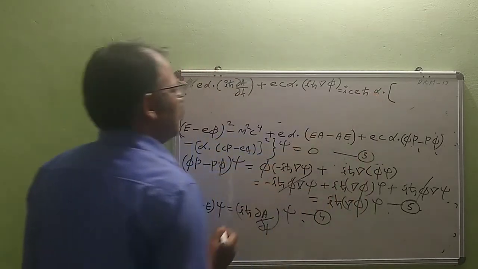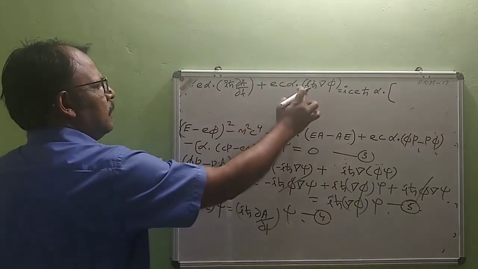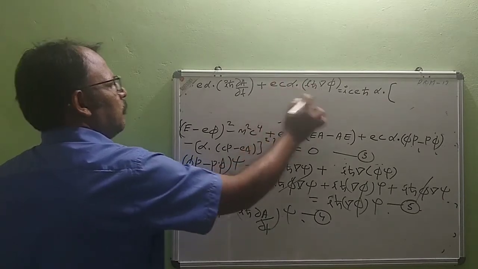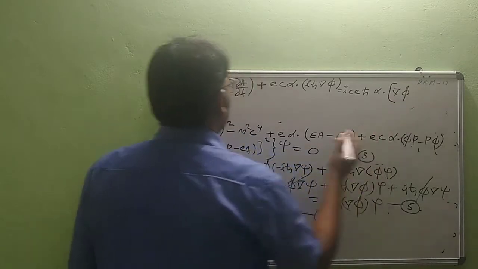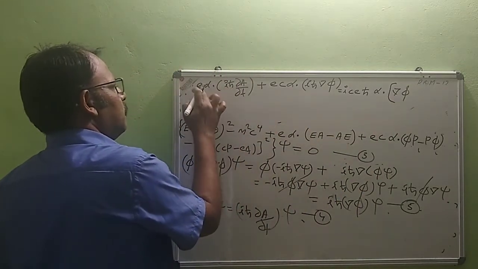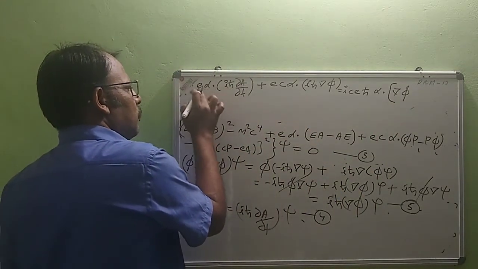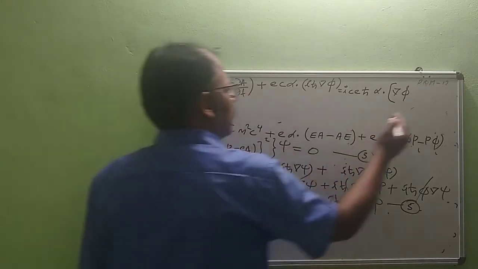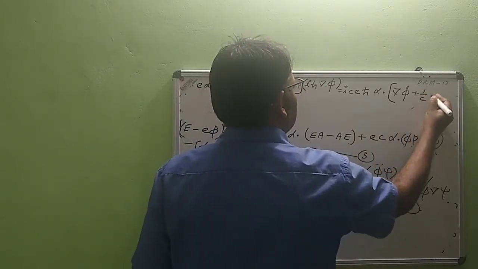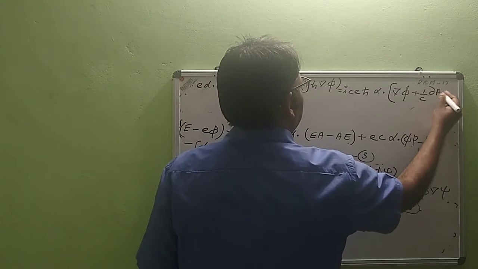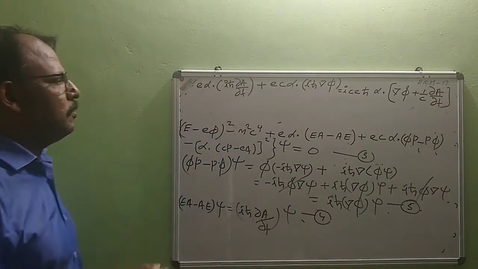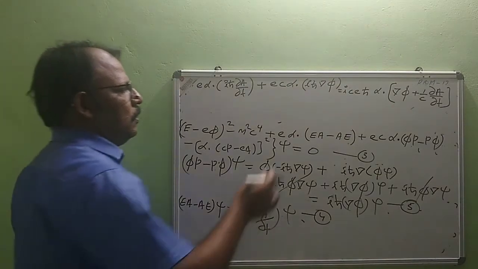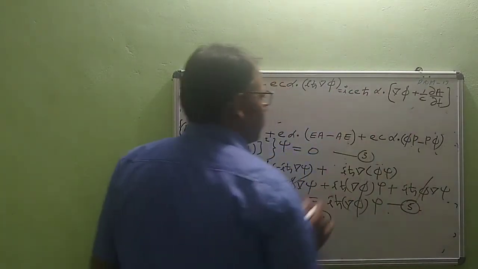So ICEH bar alpha dot, then this one will be del phi, and from here, taking IH bar CE alpha dot common and taking C common, we can write plus 1 by C dou A by dou T. So this is ICEH bar alpha dot (del phi plus 1 by C dou A by dou T).